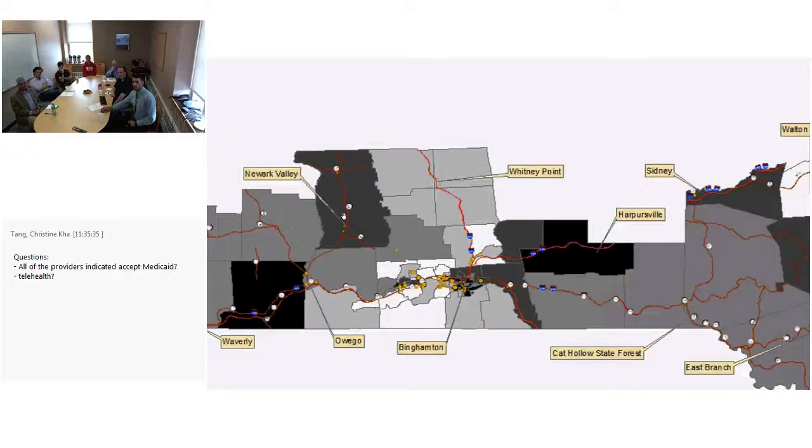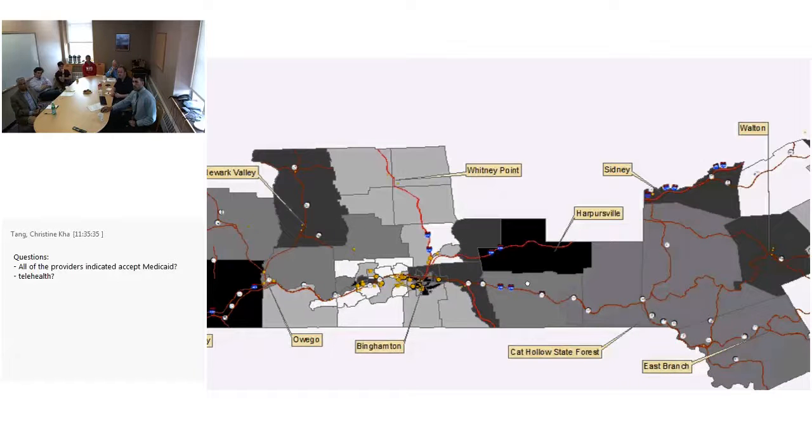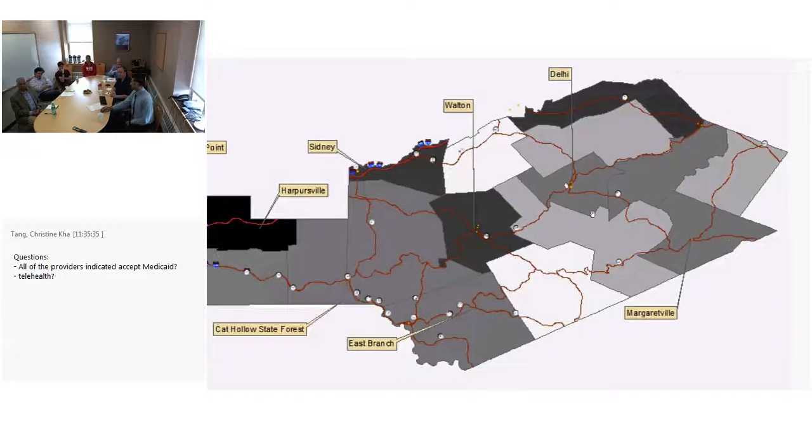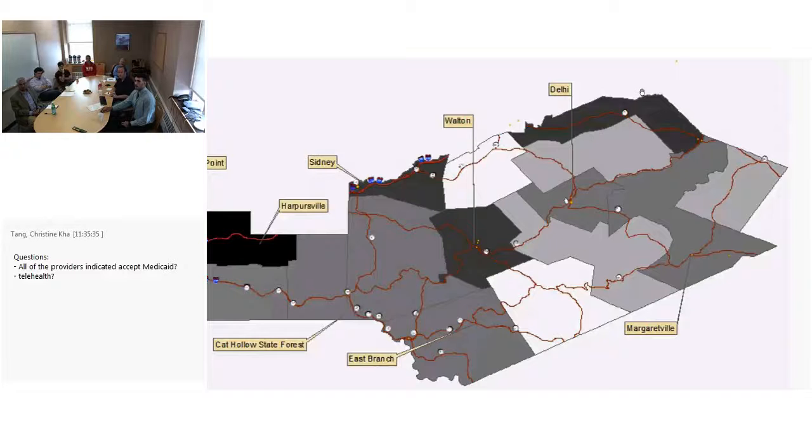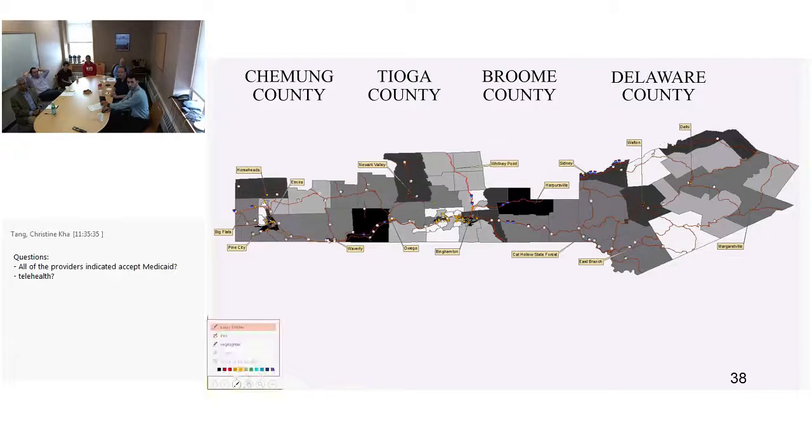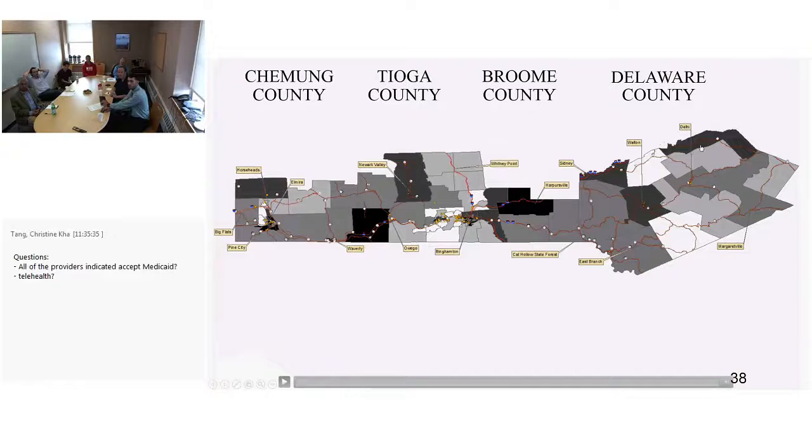So people here can access primary care providers; we have 4 of them here, and also 2 of them here. However, Delaware is the widest county and the poorest county, and it has the lowest number of primary care providers. And these people up here have a very serious issue accessing primary care providers.